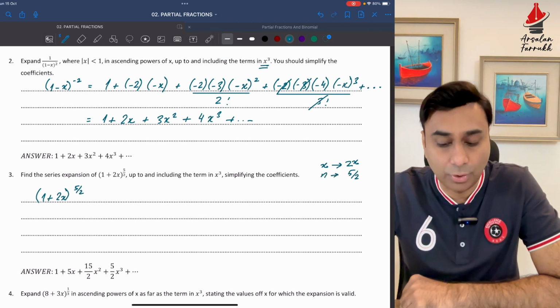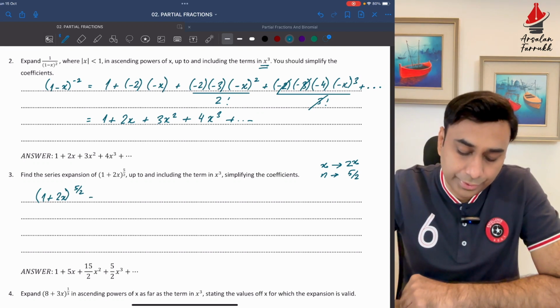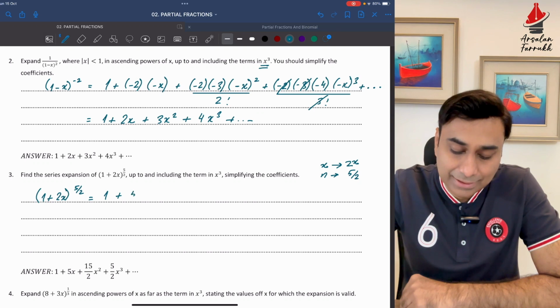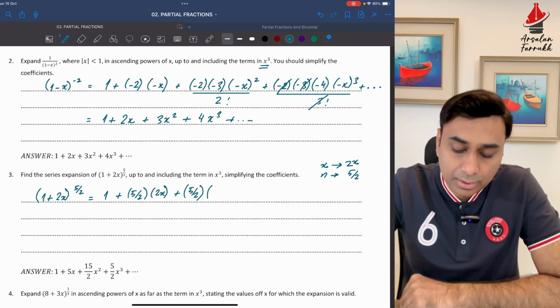The rest is just putting in the formula. So what I'm going to do is write down 1 plus nx, that's going to be 5 by 2 times 2x, plus n 5 by 2, n minus 1, 3 by 2, x squared, that'll be 2x squared divided by 2 factorial.